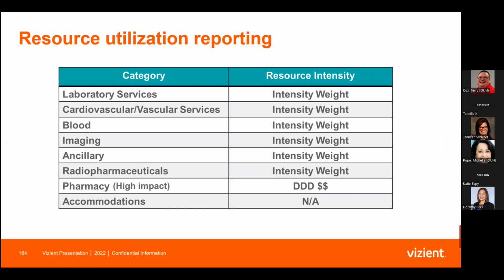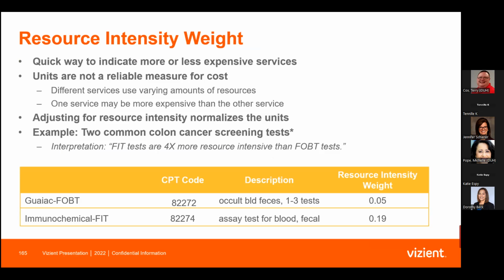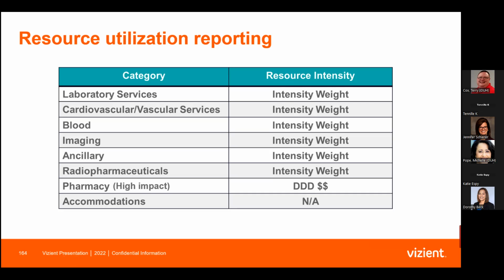Again, this is a proxy so we'll be able to benchmark with other organizations. With the other resource categories, we use the resource intensity weight from CMS. And for accommodations, there's an NA because we're just using the revenue codes.